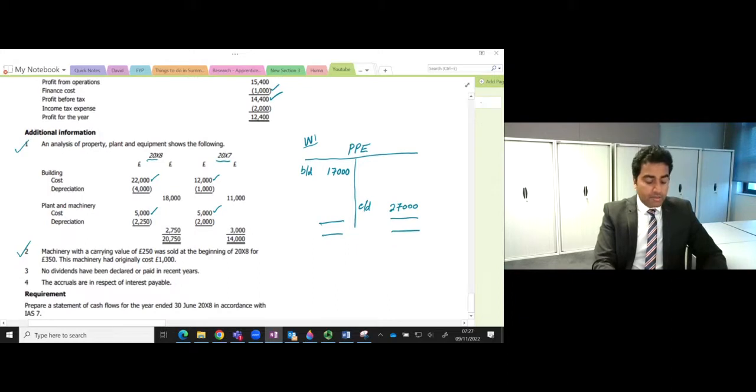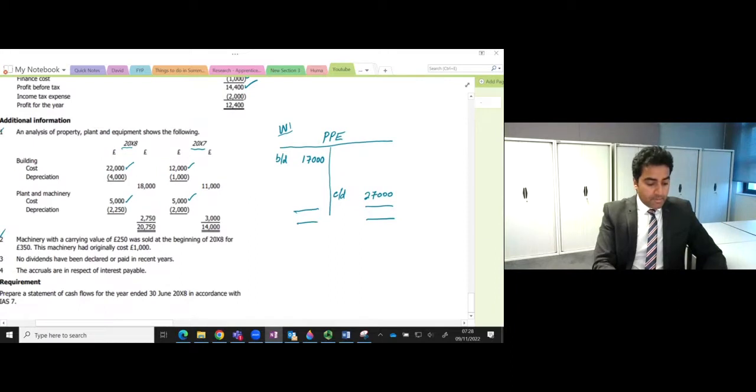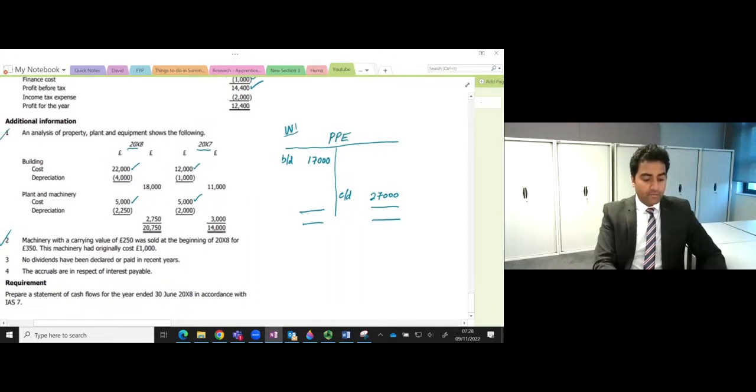Then in note number 2, I have been given some information about the disposal of my machinery. So the information is machinery which carried a value of £250. So the carrying value was £250, and carrying value is after the deduction of depreciation.